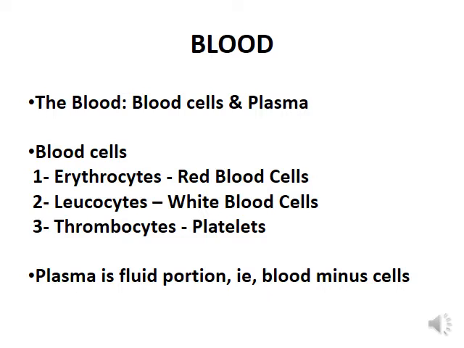In some texts you find that the platelets are fragments of dead cells, so you may find thrombocytes in some texts and platelets in others, okay? The plasma is the fluid that remains, with the dissolved nutrients and proteins, when we remove the red and white blood cells.